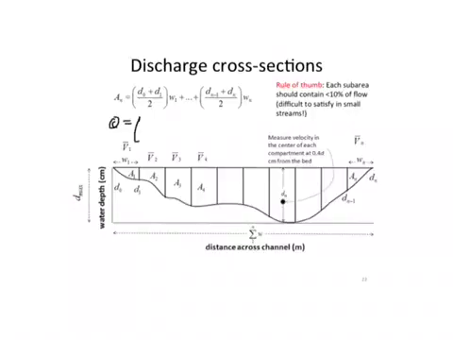Using the convention of the top equation, (d0 plus d1) over 2 times width 1 times this measured velocity v1, plus and so on all the way to n. So (d_{n-1} plus d_n) over 2 times w_n times v_n.